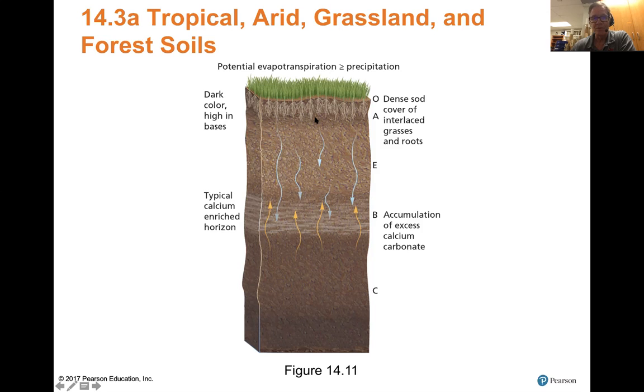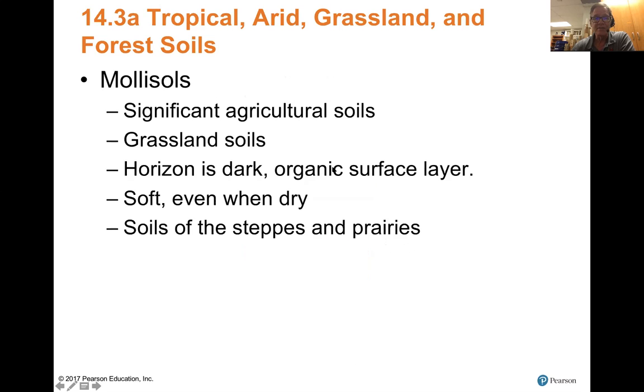Now, they will still grow things because you do get some moisture, okay, but your potential evaporation will exceed the precipitation. So moisture carries down, but then as the land heats up, it evaporates, it's pulled back up and will deposit materials, the accumulation of calcium carbonate there in the soil horizons.